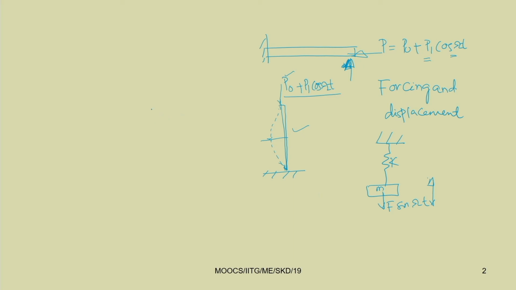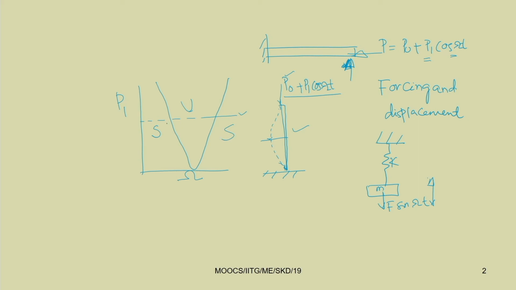Sometimes you may plot this P 1 for a particular value of P 0. If you plot P 1 versus omega, you can get a curve like this, which tells where the beam will buckle. For example, take this value of P 1. In this case, this region is stable, this is unstable, and this is stable again.